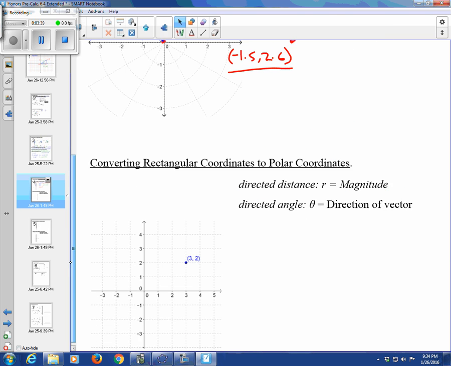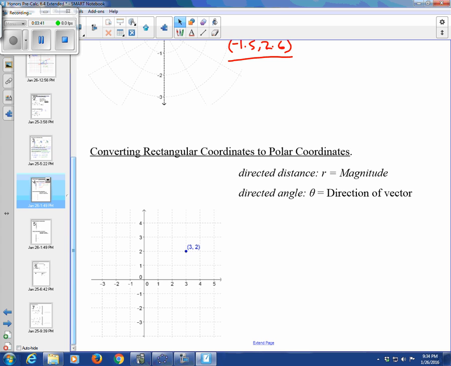So moving on, if we want to convert rectangular coordinates to polar coordinates, we can use this same line of thinking. I've got a point 3, 2, and I know that if I extend a vector from the origin to this point, then it is going to have a component form 3, 2, with 3 as the horizontal component and 2 as the vertical component.